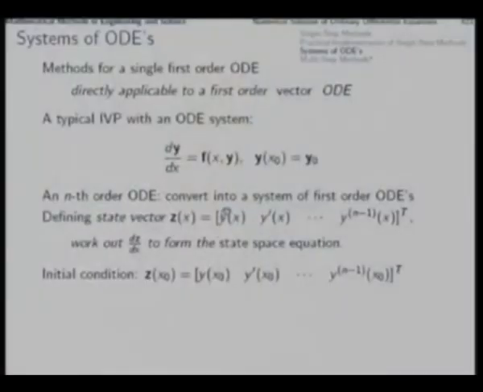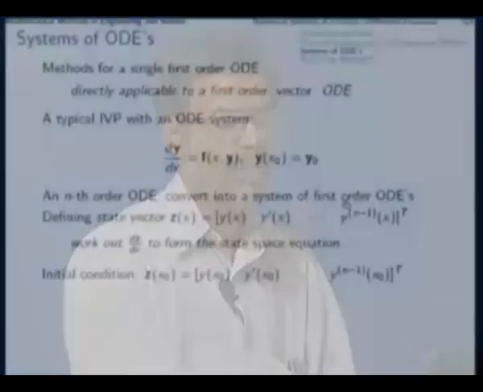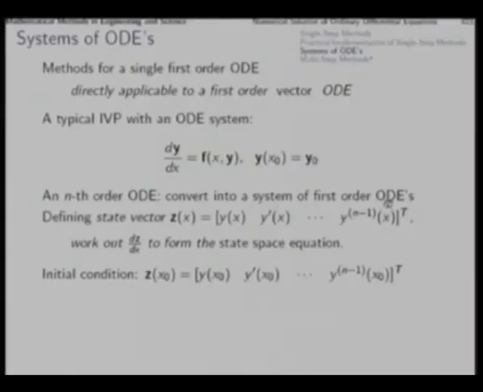That means you first define a state vector including the unknown function, its first derivative, second derivative, up to the n minus 1th derivative, if the ODE is of nth order. That is, if the ordinary differential equation involves derivatives up to nth order, then the state vector will involve derivatives up to n minus 1th order, one order less.